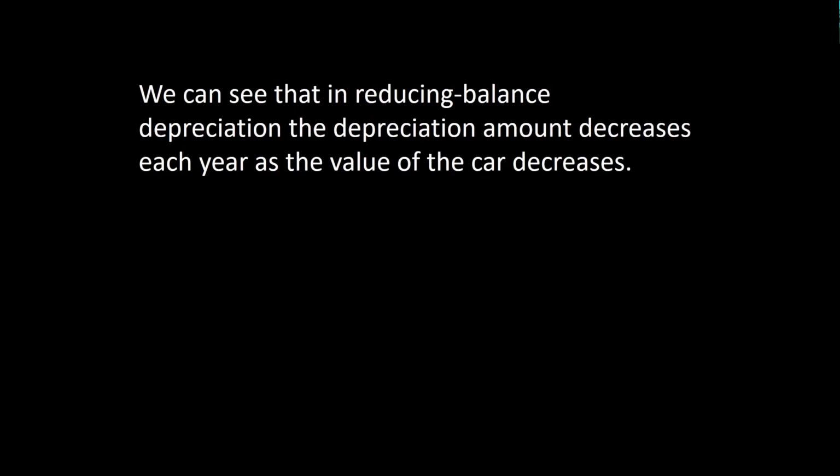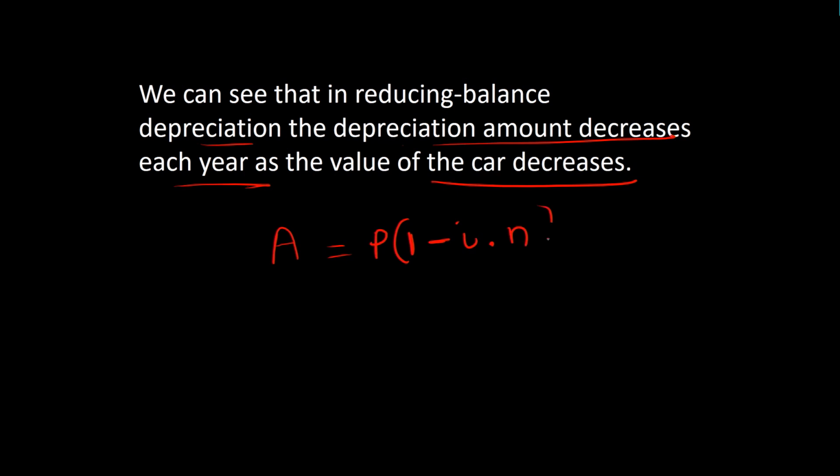Now, let's touch on simple depreciation quickly. We can see that in reducing balance depreciation, the depreciation amount decreases each year as the value of the car decreases. However, in simple depreciation, where we have A is equal to P times (1 minus i times n), so it's not to the power of n, each year, if we're doing the exact same question but using straight line depreciation, your value of depreciation stays exactly the same.